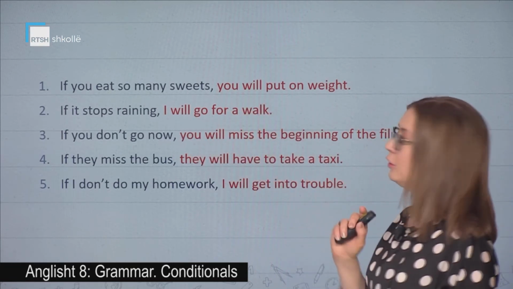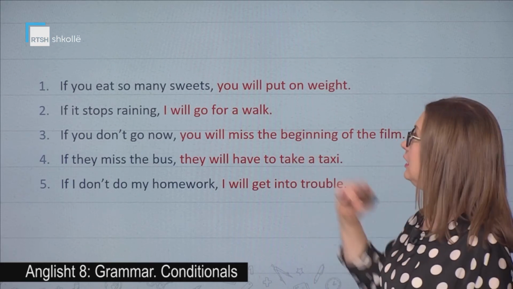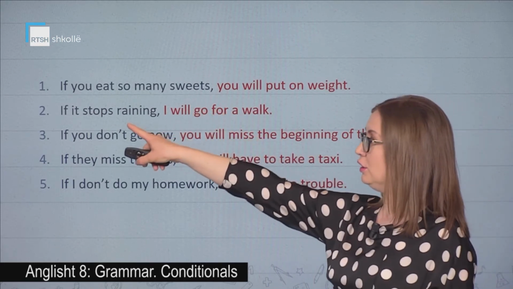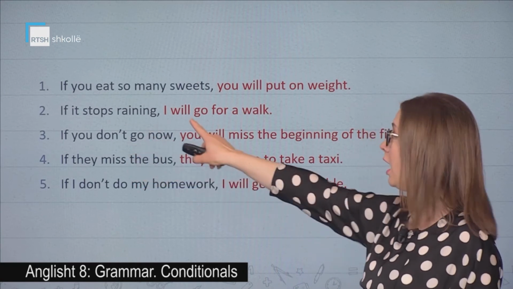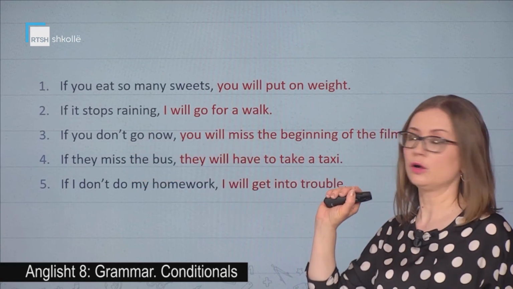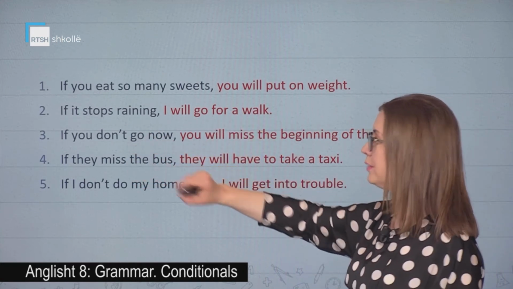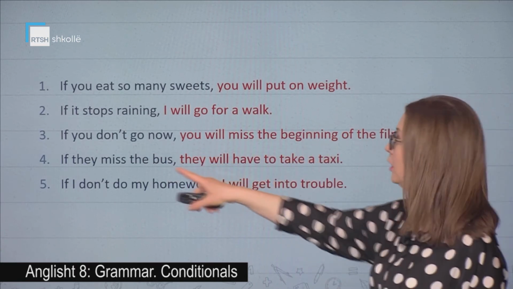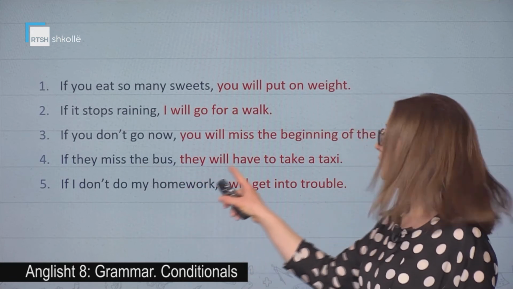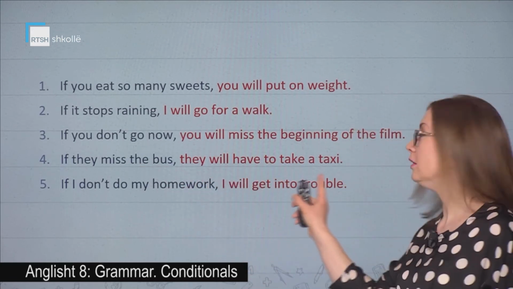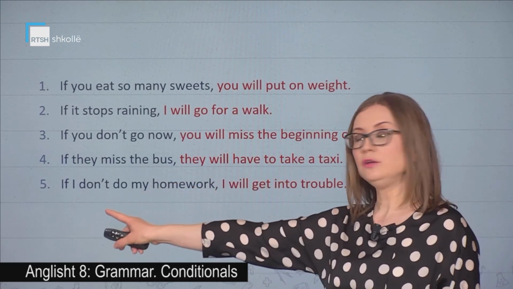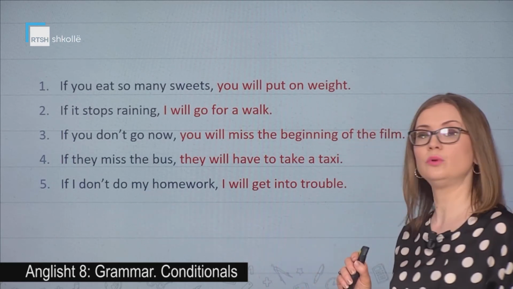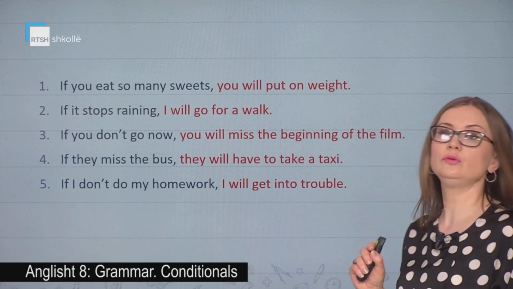If it stops raining, I will go for a walk. If you don't go now, you will miss the beginning of the film. If they miss the bus, they will have to take a taxi. If I don't do my homework, I will get into trouble.